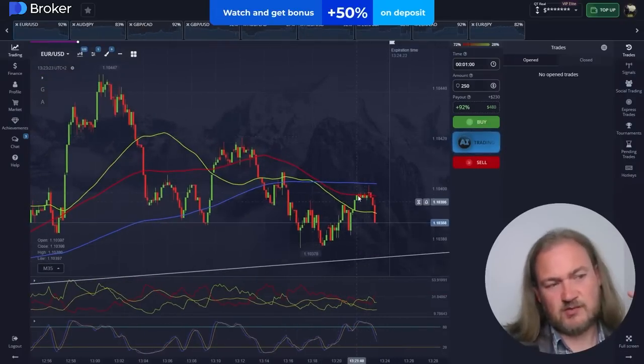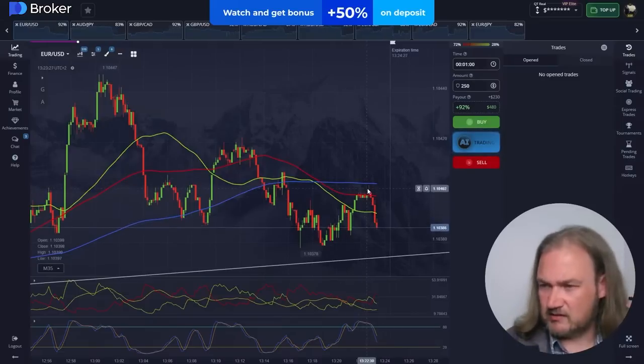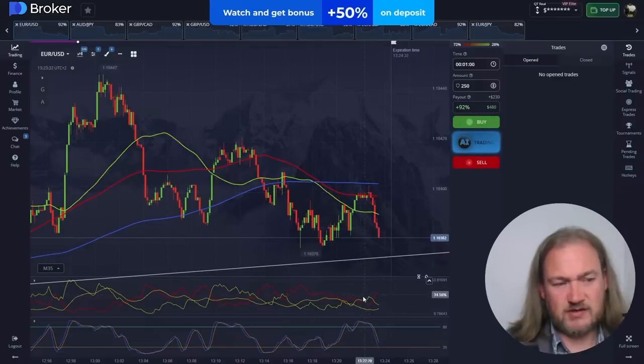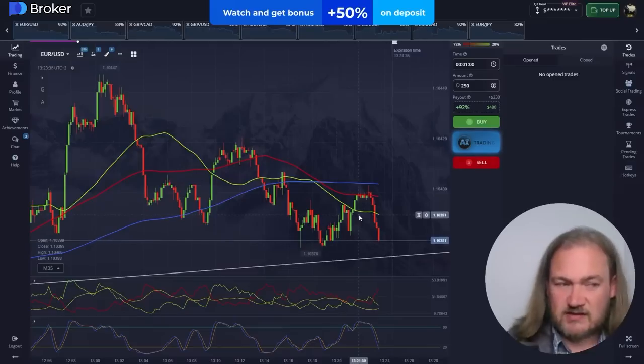So exactly what I thought would happen did, well, kind of. It didn't give me an entry. There was no proper DI spike here, so it's not a valid trade for me.